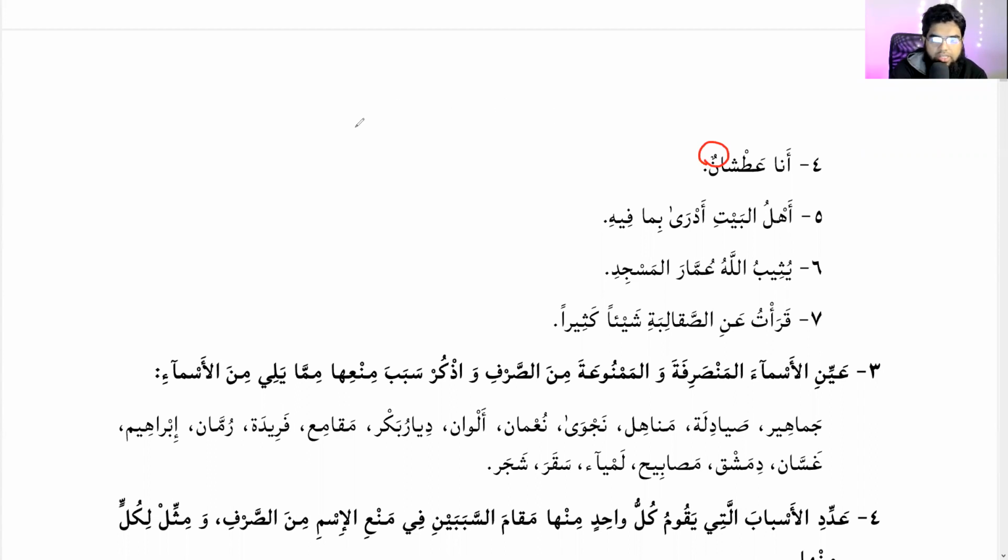We learned a reason that alif and noon should come. Does it have alif noon? Yes, the condition is fulfilled. But the other rule was that it should not be on the feminine, should not be on the fa'alana pattern. The feminine maybe takes atshanatun, I guess. So this condition is not fulfilled. That's why it takes tanween. Atshanun. Okay. Should not be on the pattern fa'alana.